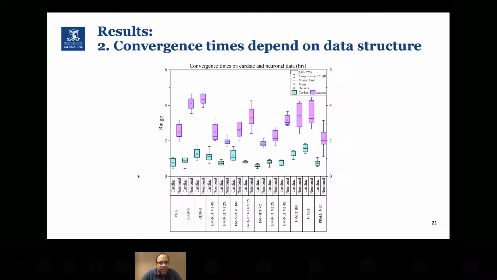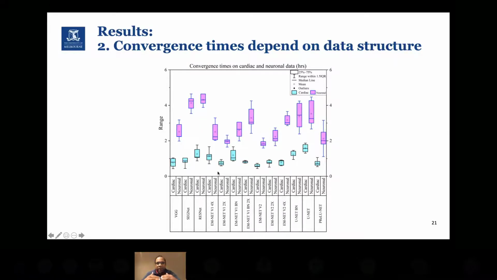Indeed, what we did is also look at whether the variations that we're seeing are a reflection of the data that we're looking at. And you can see here, just broadly speaking, all the blue bars represent the convergence times for segmenting cardiac ultrastructure, and then the pink ones are all the neuronal ones.